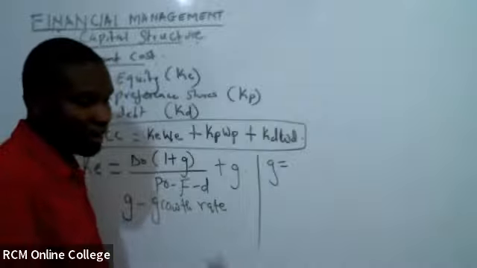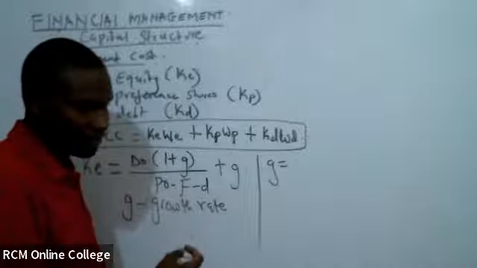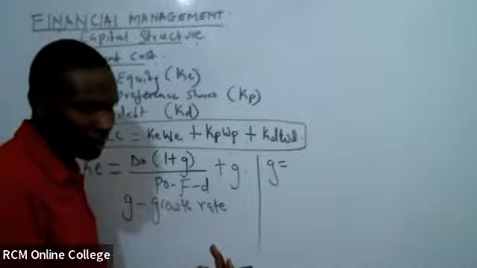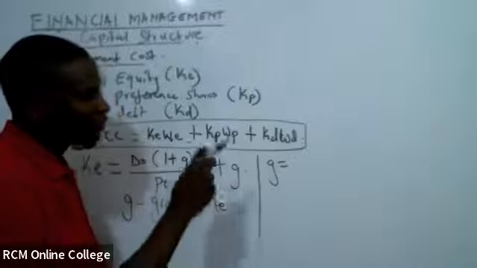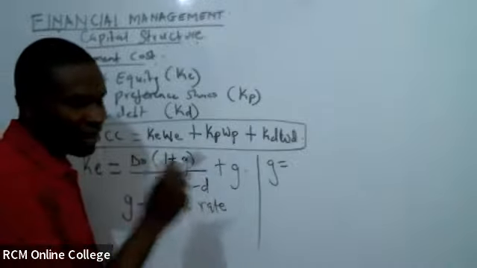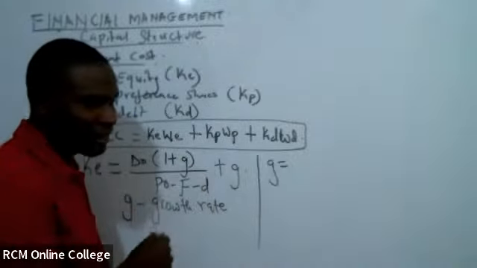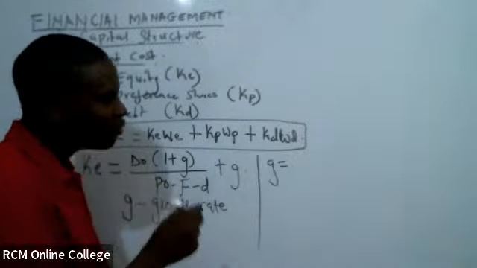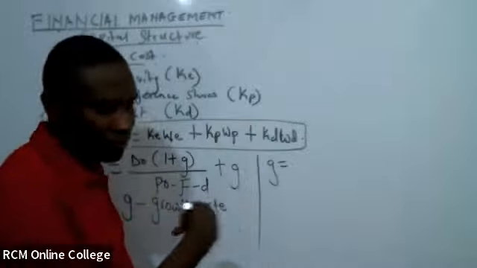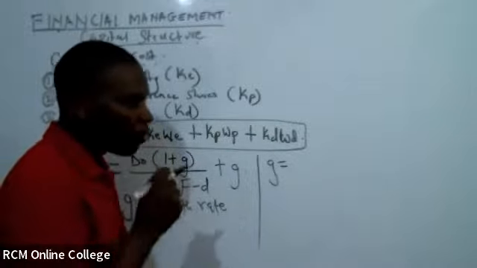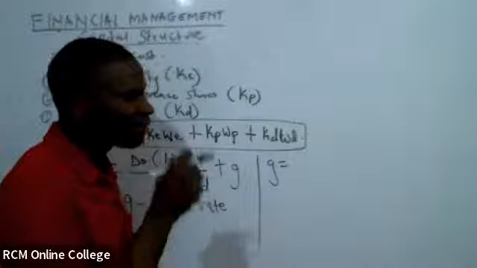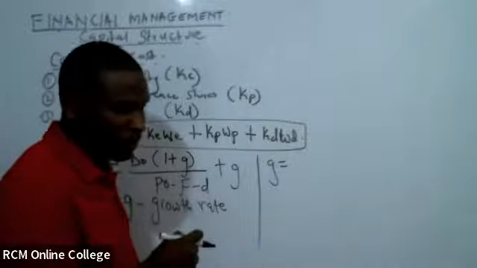You will be required to take the current dividend divided by the previous dividend, whatever you get, you take the square root of that. After that, you less 1. That is the growth.